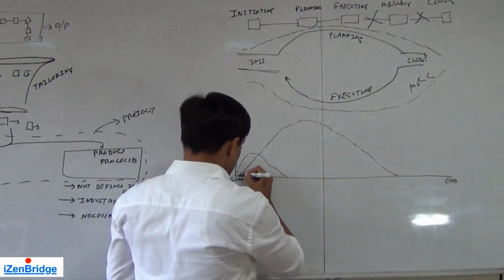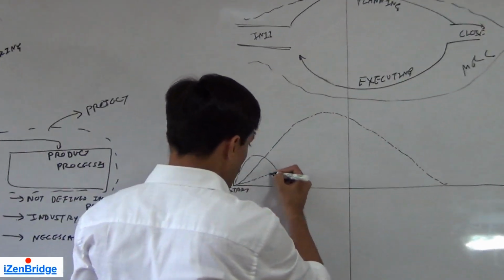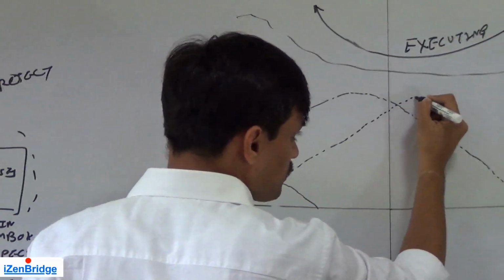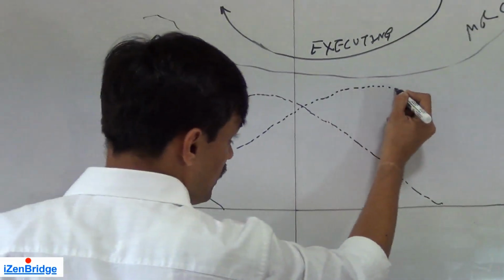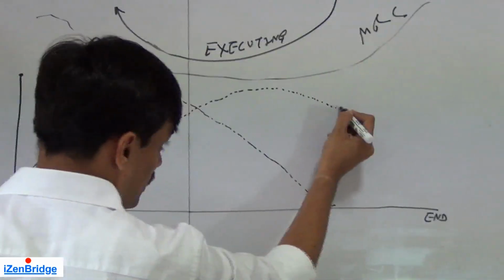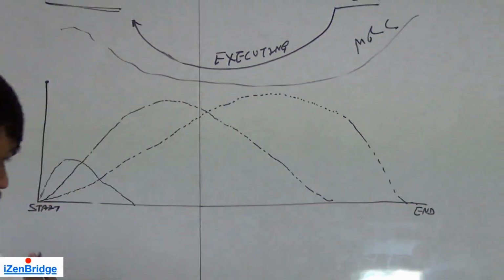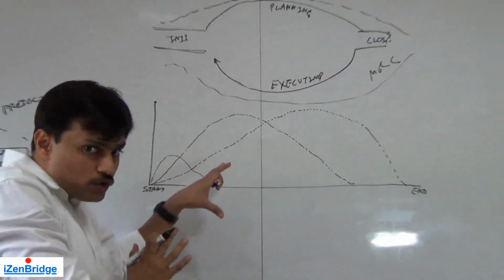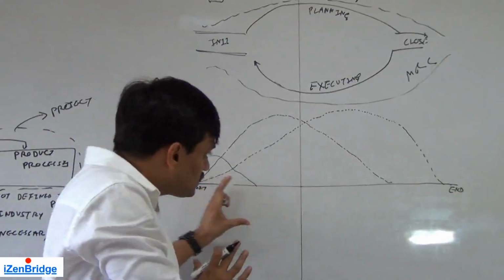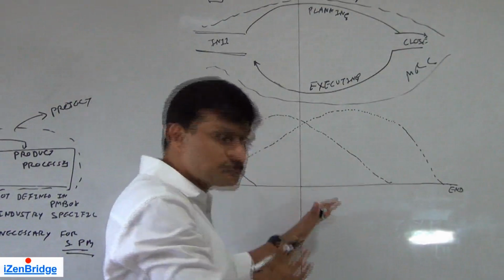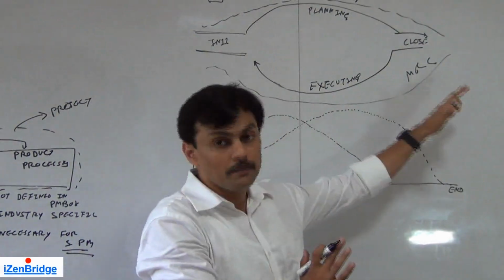The execution, initially it is low, but it keeps increasing, and by the mid of the project, execution would be at higher rigor, and till the end it will start going down. So initially there is less execution, but once we reach nearby 40 or 50% of our project duration, or 30% of our project duration, it will start peaking up.